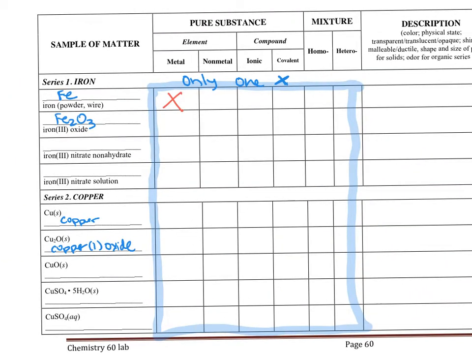So I know in terms of an element or a compound, well, it's a compound because I have two or more elements combined. It must also be ionic because I have a metal and a nonmetal. So that would be my one check mark. A couple notes. An element, we have just one chemical symbol. For a compound, we have two or more elements combined.